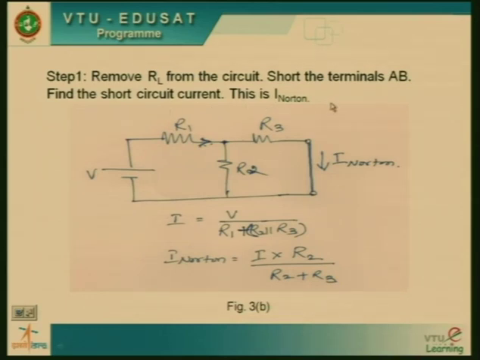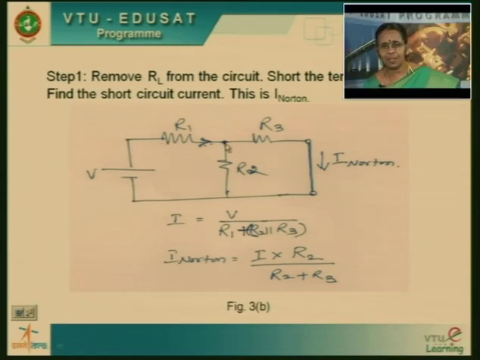This is I Norton. How to calculate that? Now, look at the circuit here. Because of the source connected here, a current starts flowing. At this junction, the current finds two paths. One current flows through R2, the other current flows through R3. And for R3, there is no other path, it flows through the short like this.